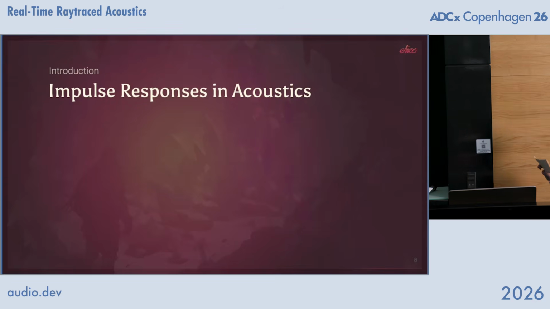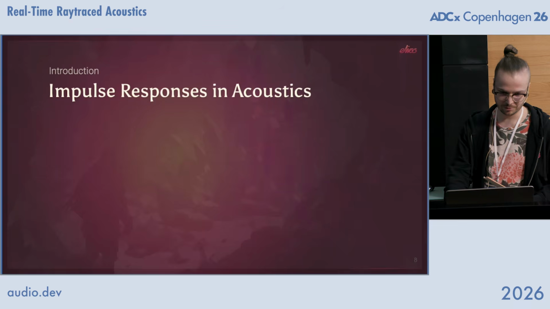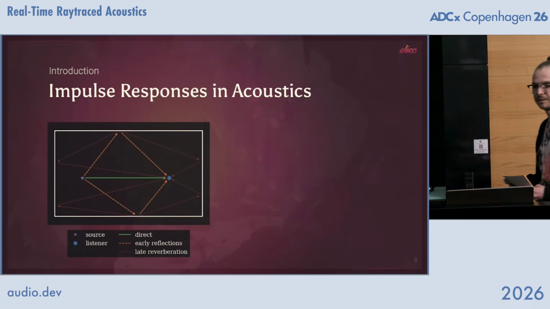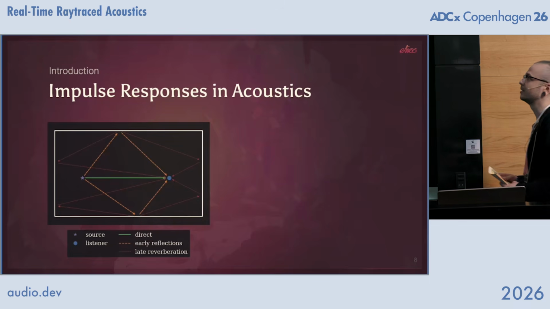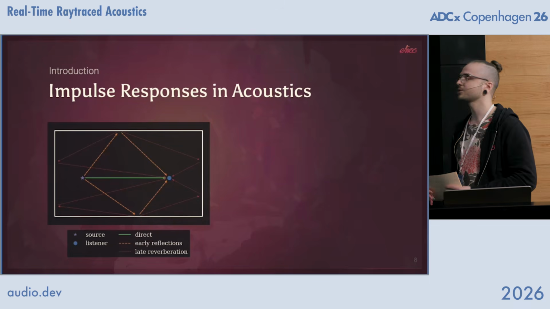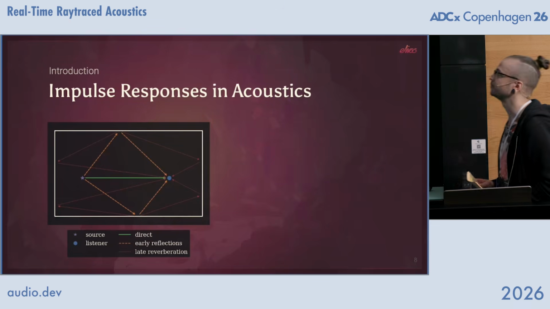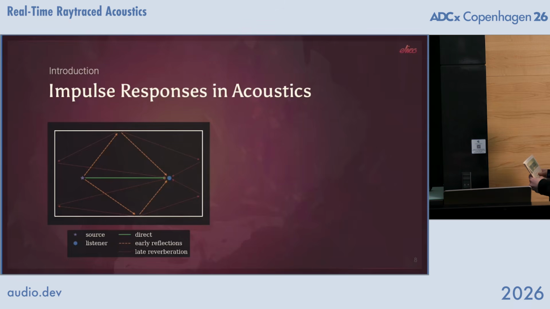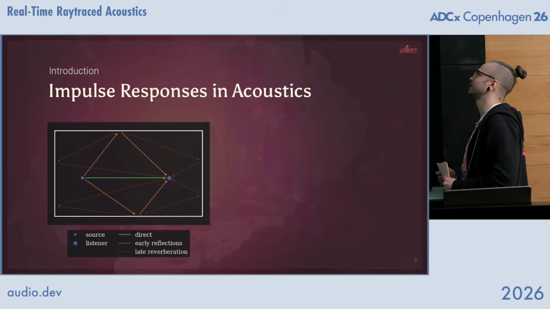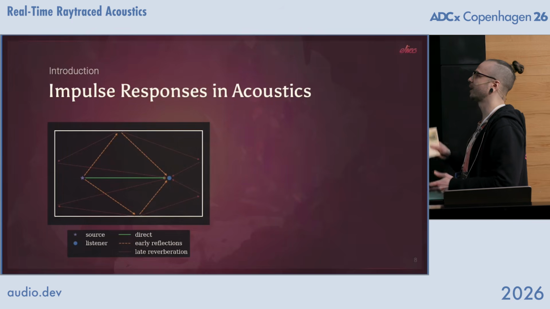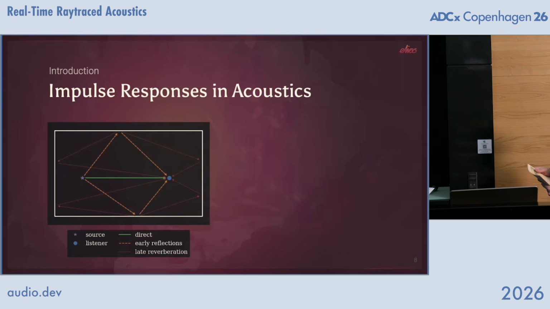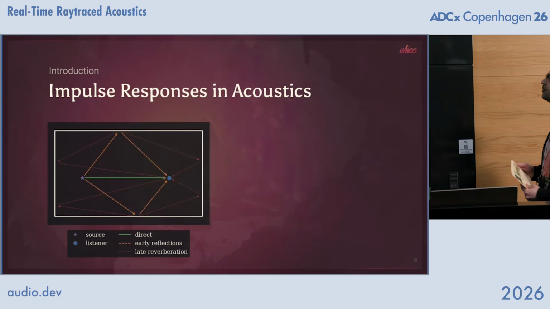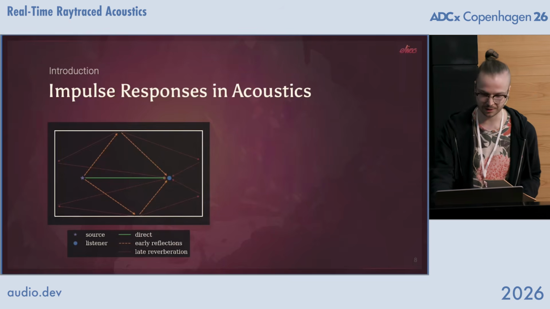So in acoustics, the impulse response is a signal that encodes exactly how sound is propagated from a source to the listener. So you can imagine an impulse being created at the source position to the left there, and then you would have sound bounce around in the room, and then if you recorded the response of that at the listener position to the right, you would get something like this.